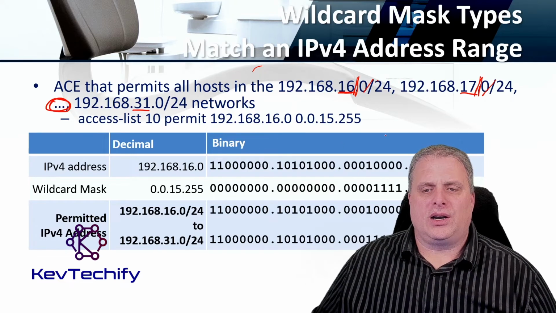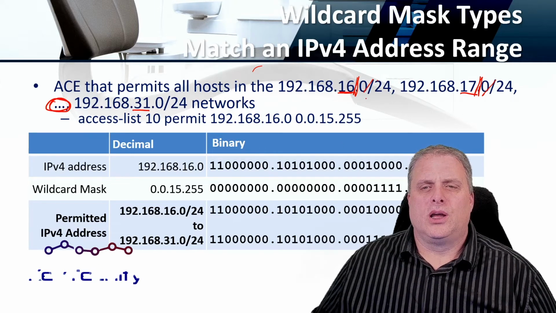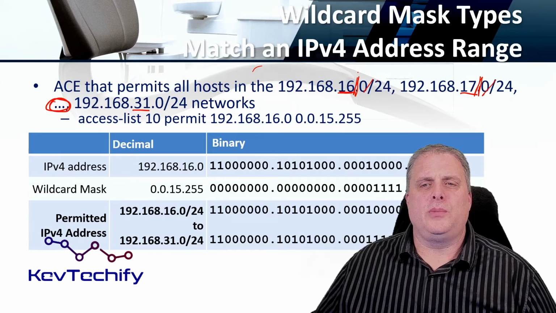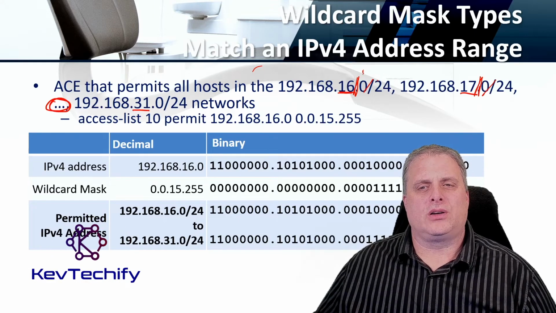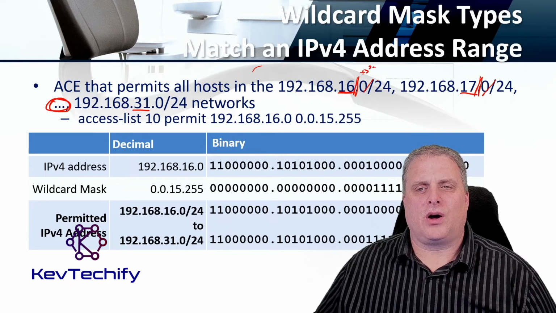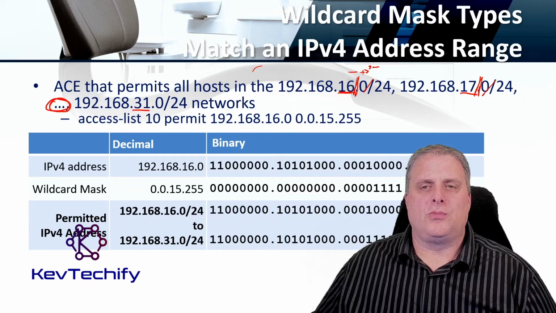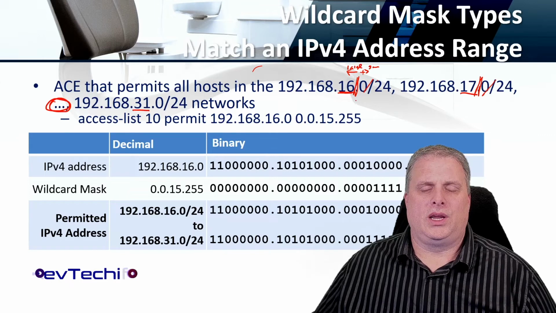A lot of times we're used to borrowing bits going to the right to make smaller networks. If we borrow, so going to the right, we make smaller. If we borrow bits to the left, or take bits, the networks get larger.